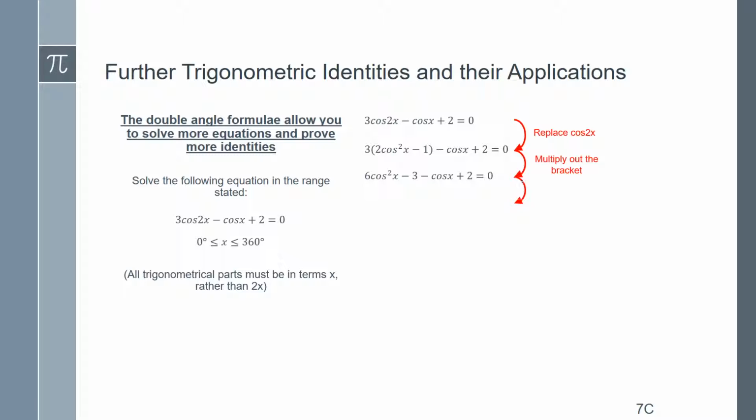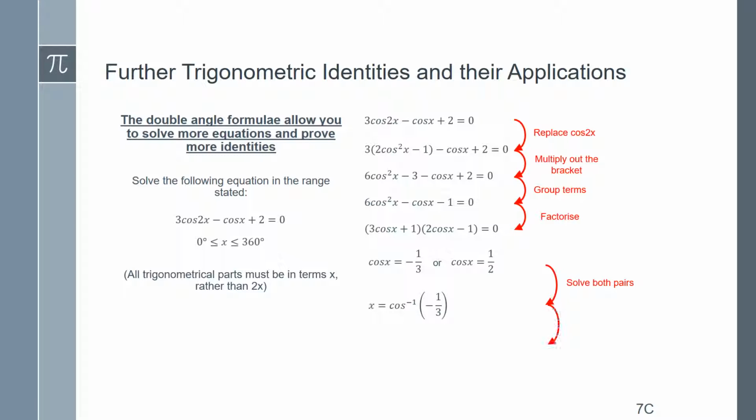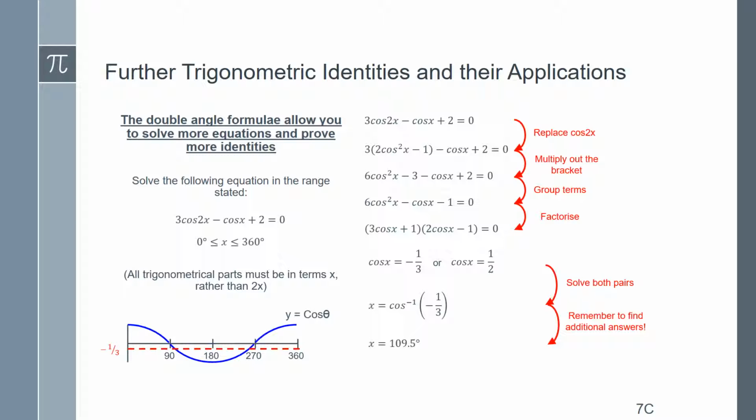Now if we multiply out the bracket and rearrange, we just end up with a nice little quadratic. That factorises nicely. So cos x is either minus a third or a half. Solve both parts. Inverse cos of minus a third is 109.5. Use the cos graph to find the answers in the range 0 to 360.